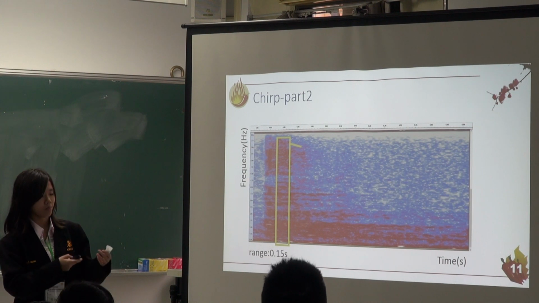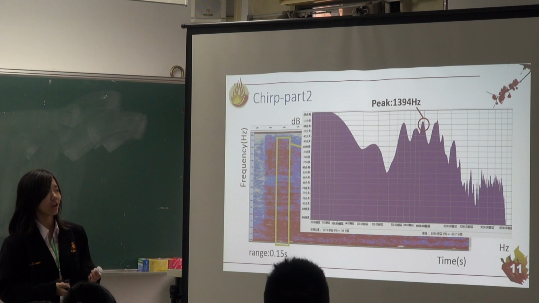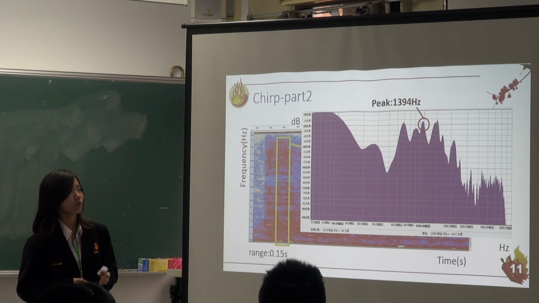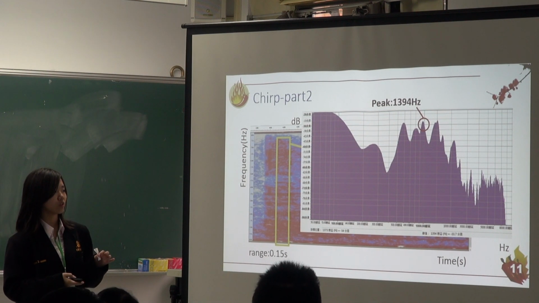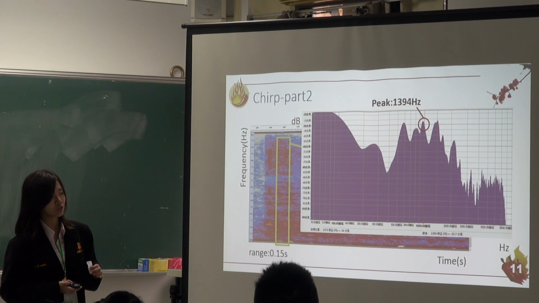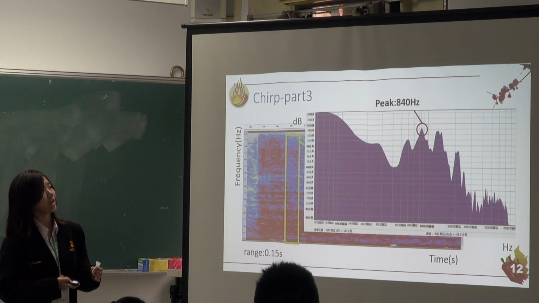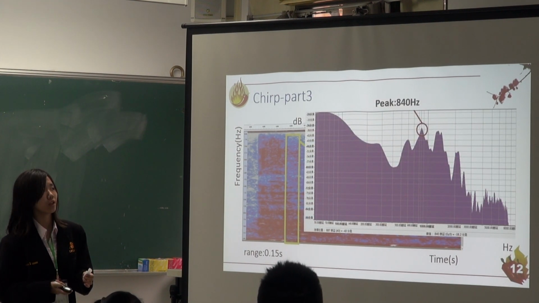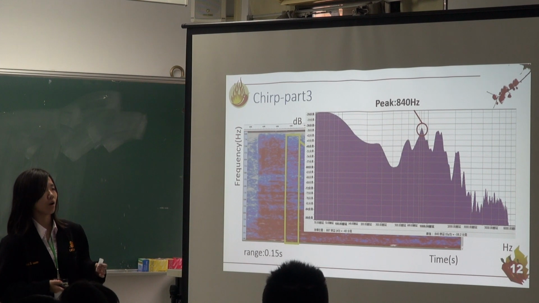And this is part 2, and you can see that the peak is 1394 hertz, just a little down from part 1. And in part 3, you can see that the peak is 840 hertz, which changed extremely from part 2.